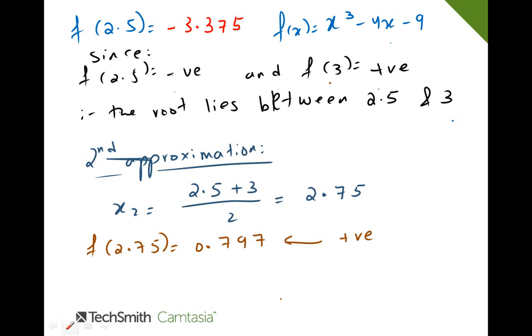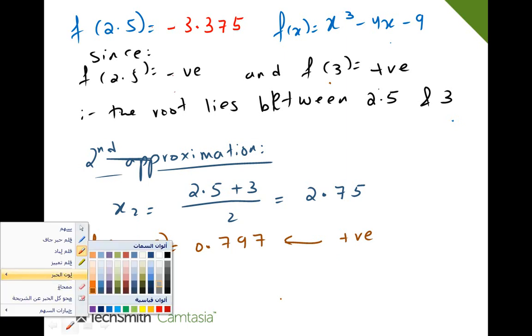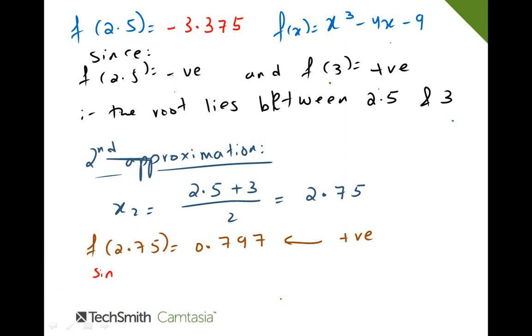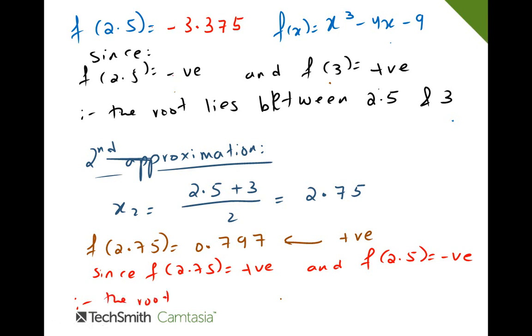So I will say here, since f of 2.75 is positive and f of 2.5 is negative, then the root lies between those 2 points, which is 2.75 and 2.5.